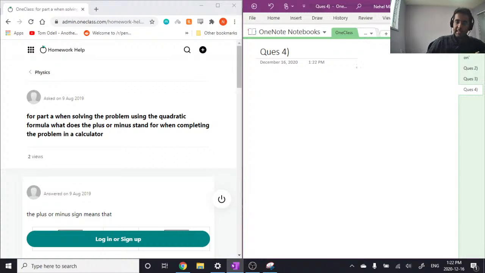So any quadratic equation, such as ax squared plus bx plus c, can have two roots. That is based on the determinant, and we can look at it such that the determinant is given by b squared minus 4ac, and if this value is greater than 0, this has two real roots.